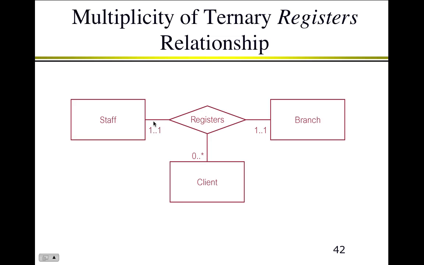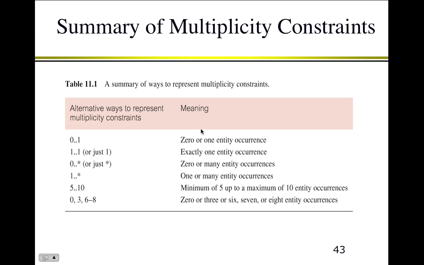The other thing to remember is this is talking about staff. This is talking about branches. This is talking about clients. So 0 to any number of clients would register with one staff person at one branch. One staff at one branch. One staff, one branch. So you can play with the words a little bit if you want, until it sinks in, if you're having problems thinking how that works.